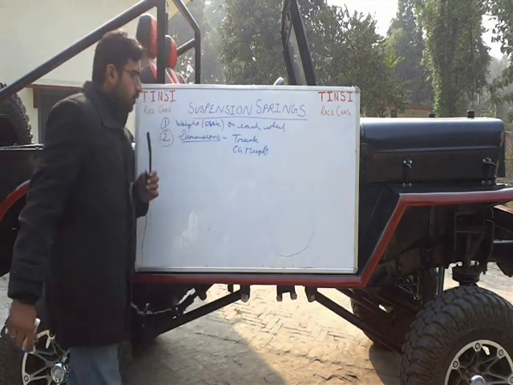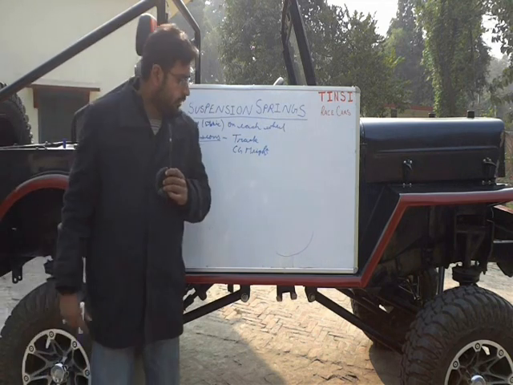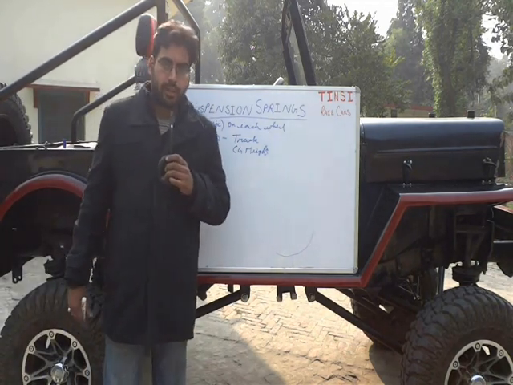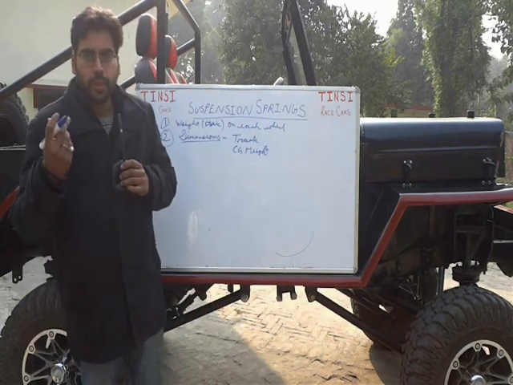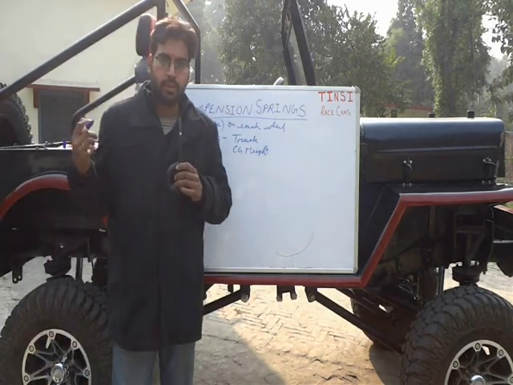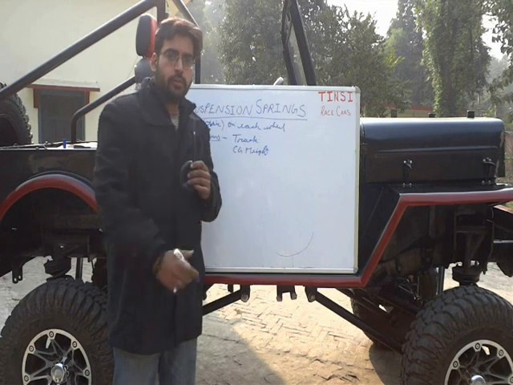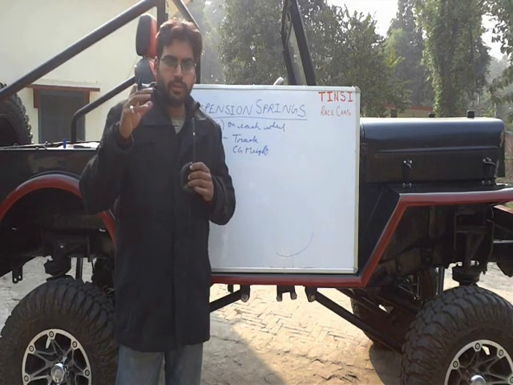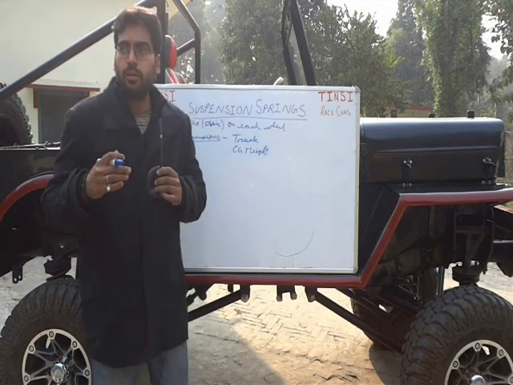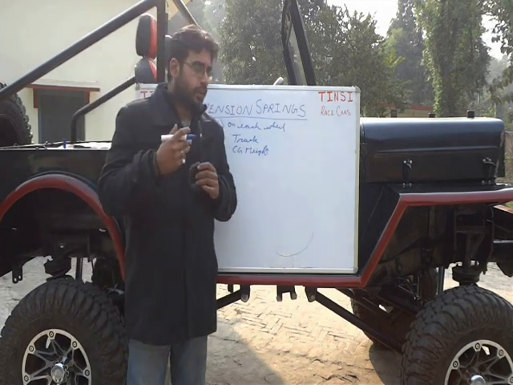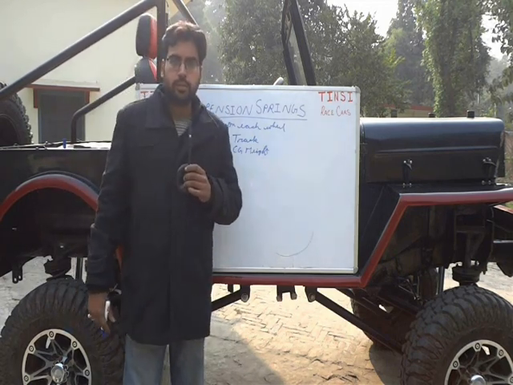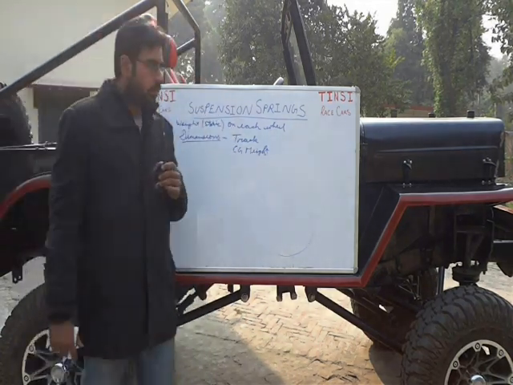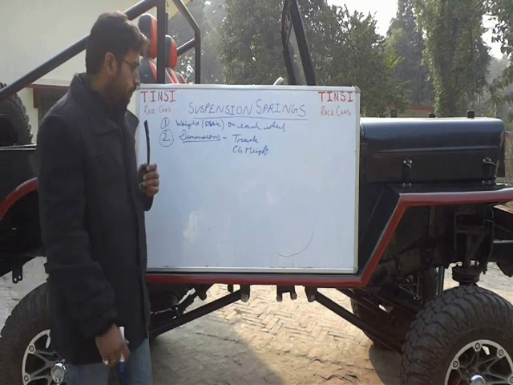There is not a particular method for this, but a general method is you put your car on weighing scales, raise it one inch from the rear, see the load transfer on your front wheels, and there are equations for this. Just calculate your weight transfer on the front wheels. You have the CG location, you have to take some moments and everything, and you can get the CG height from there.